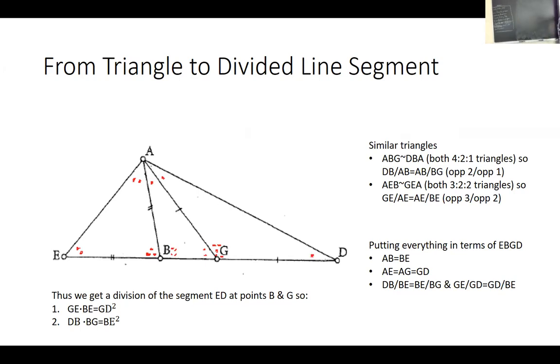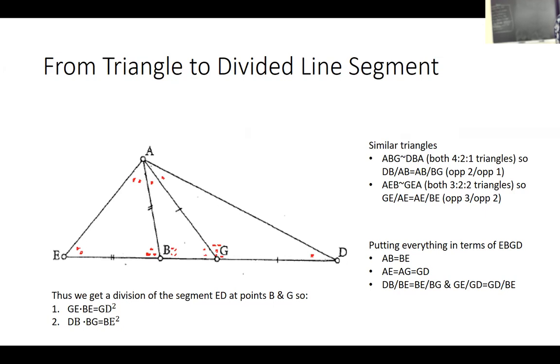So this triangle ABG has to be similar to, sorry, I did mean DBA, because this is also a 4, 2, 1 triangle.